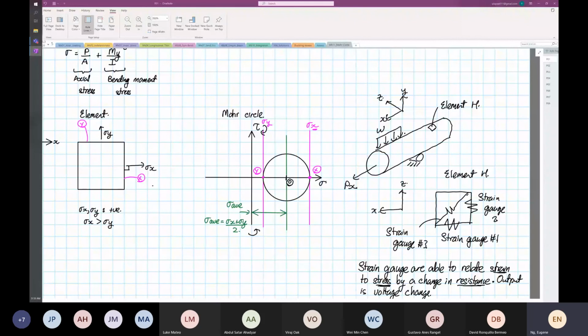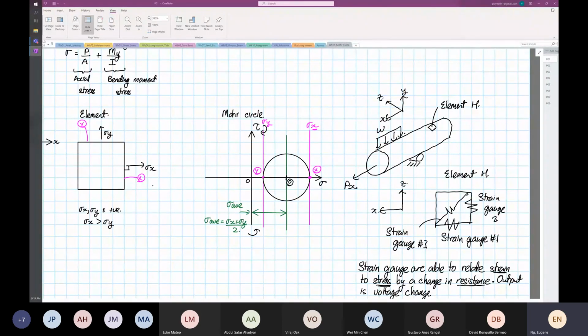It's a very straightforward formula; you don't even need to memorize this. But remember it's measured from 0. This is how we relate normal stresses on the Mohr circle.